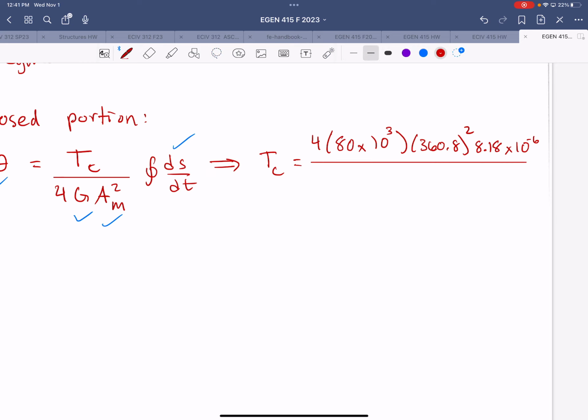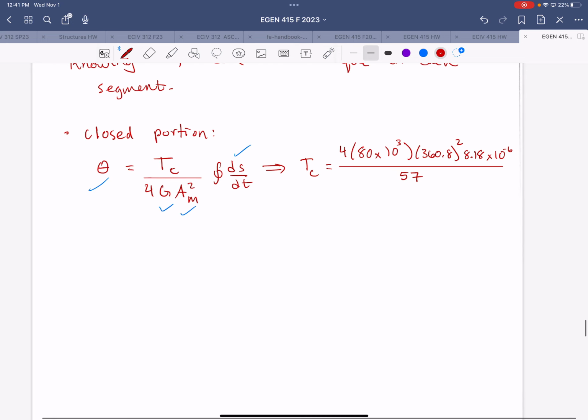And then in the denominator, we have that integral evaluation, which is 57. So this comes out to be 5,978 Newton millimeters.